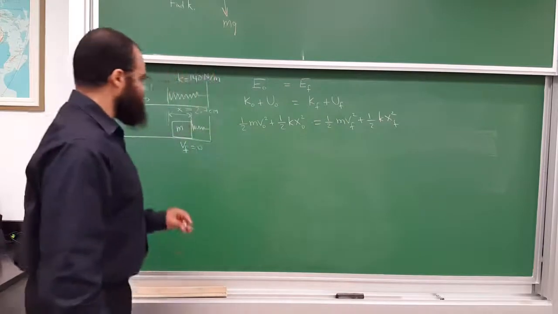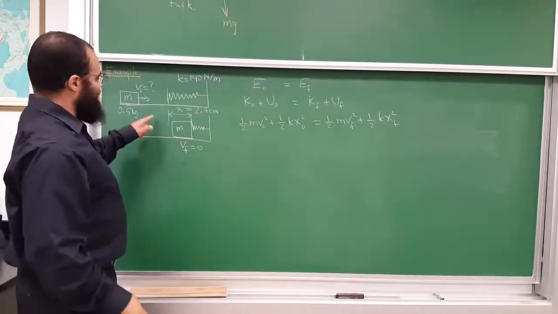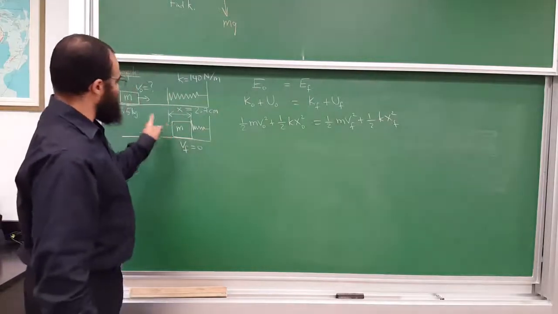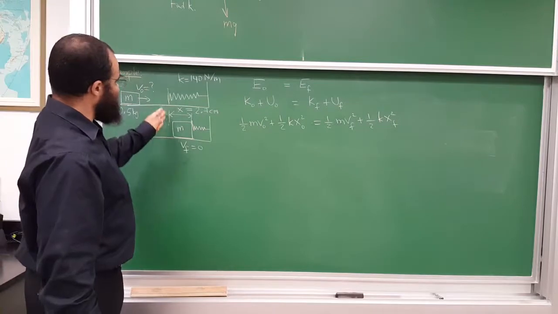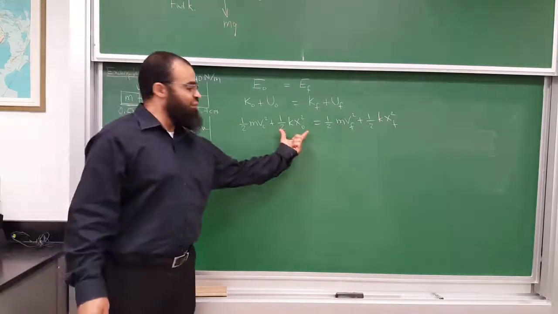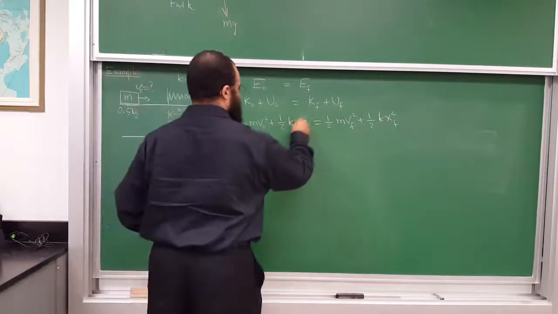Now, let's look at what all this means. What we mean by x is how far we compressed or stretched the spring. At the beginning, the spring is neither stretched nor compressed. Therefore, x at the beginning is 0. So this one is 0.